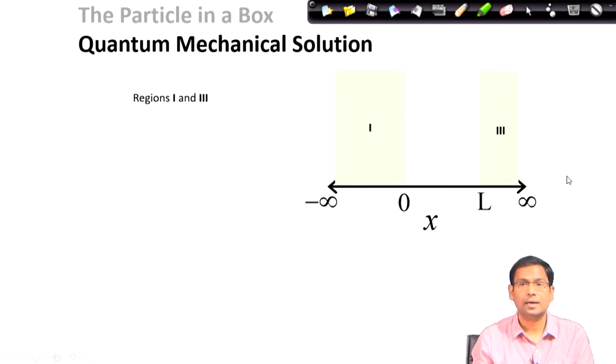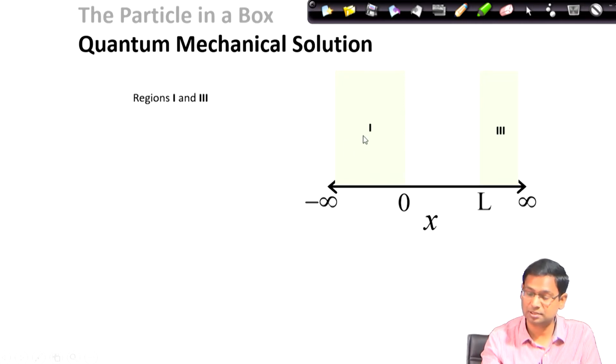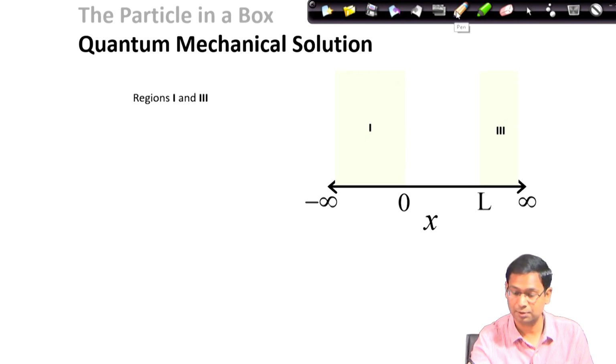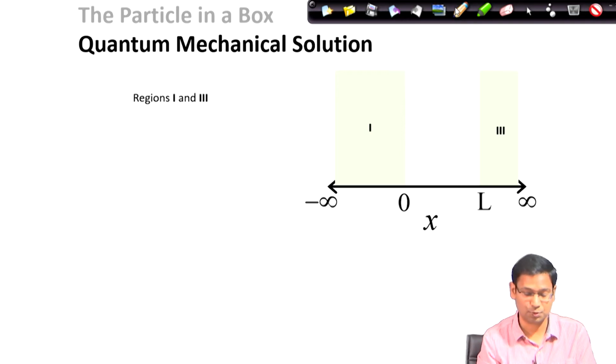Now, we have defined three different regions: region 1 and region 3, which experience V equals infinite, and region 2 where V is 0. Now, I would solve the quantum mechanical problem in each of these regions. We would begin with regions 1 and 3.